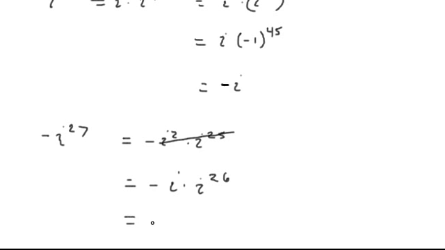Say I had a -i to the 27th. So we're going to break that up into -i squared times i to the 25th. No, actually, we don't want to do it that way. I just seen something. We want to break it up like this, to the 26th.